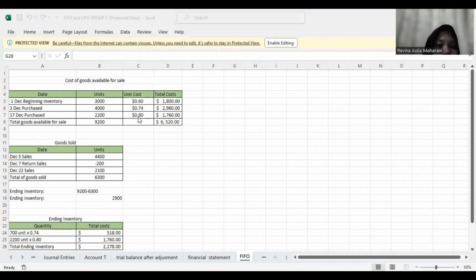The cost is 0.80 per unit. The total is 1,760. So the total goods available for sale is 9,200 units, and the total cost is 6,520.